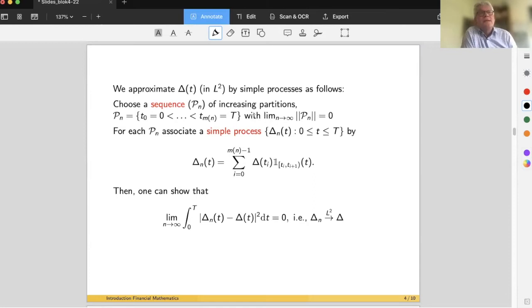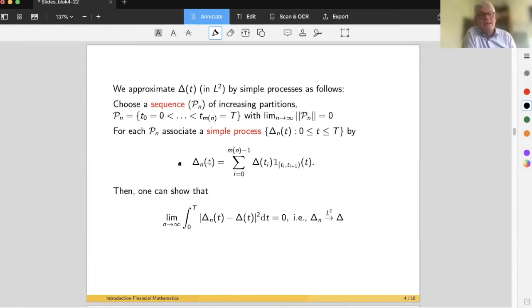So for each P_n, we associate a simple process, delta sub n related to this partition, and t runs from 0 to capital T. This simple process is defined as follows.